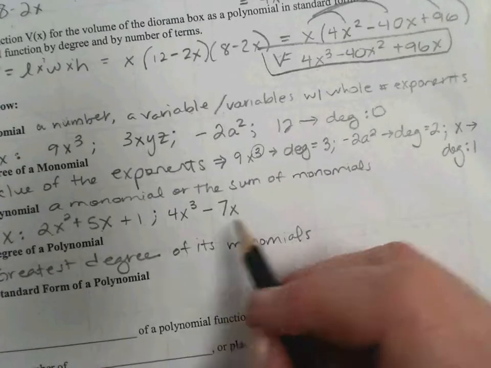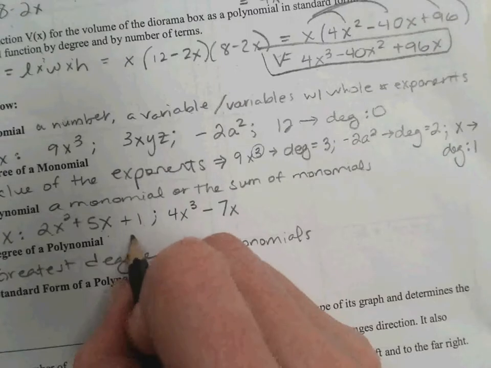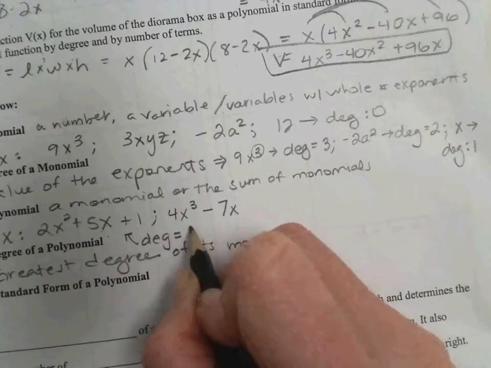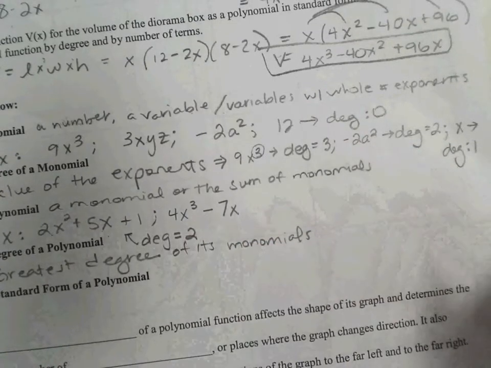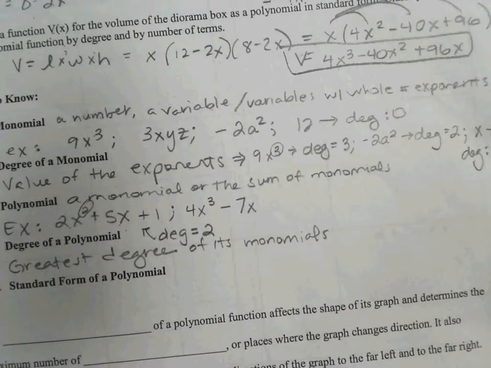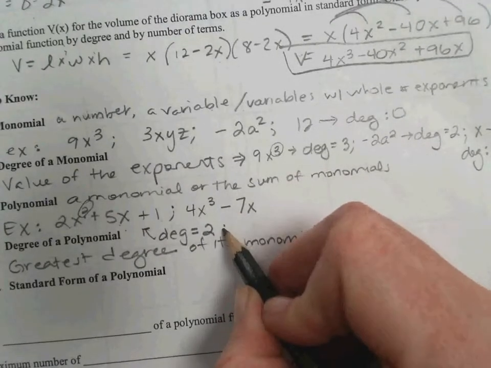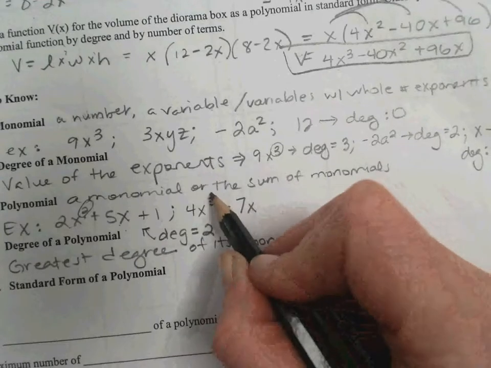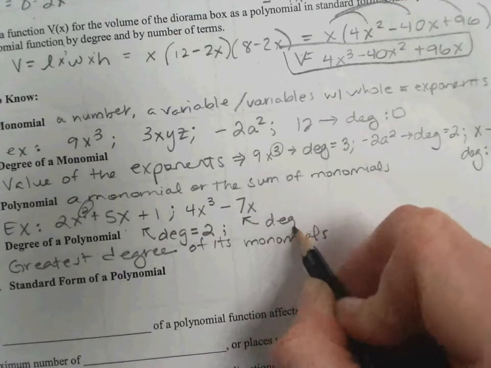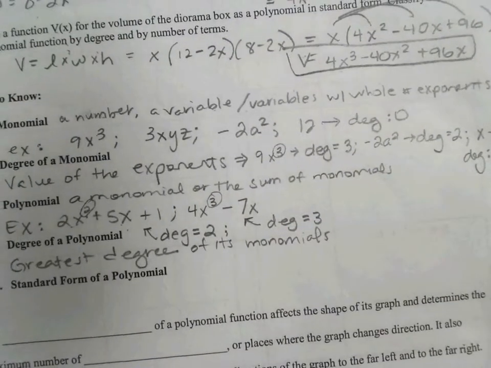So for example, our first example up here, the degree is 2 because the x squared is the highest degree. So that's degree 2 here. This one right here would have degree 3.